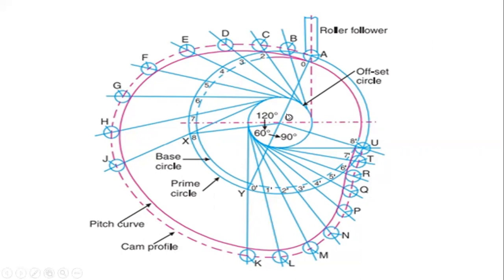Then divide the 120 degrees, that is the first section, the outstroke section. We have to divide the 120 degrees into 8 equal parts.